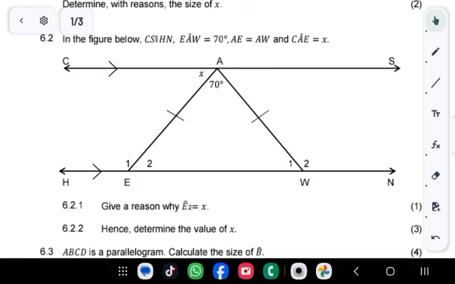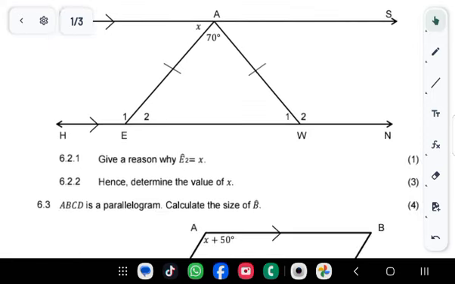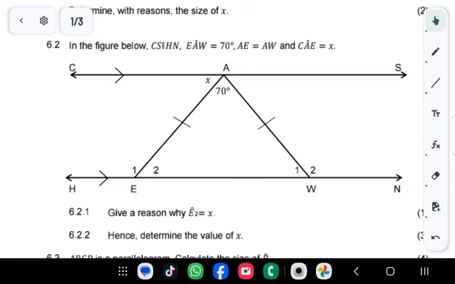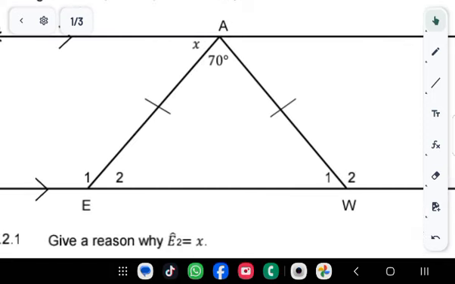In other words, we have an isosceles triangle where two sides are equal. And angle CAE is equal to x. Now 6.2.1 says, give a reason why angle E2 is equal to angle x.